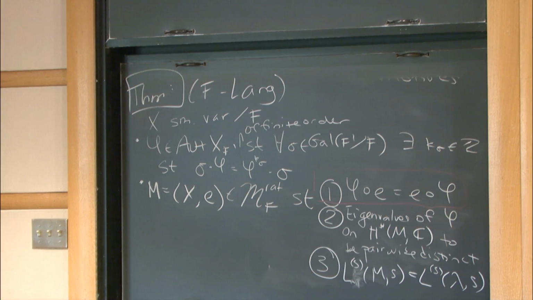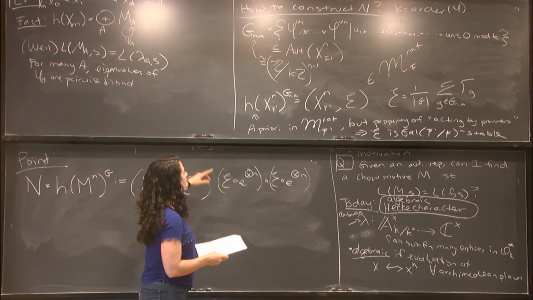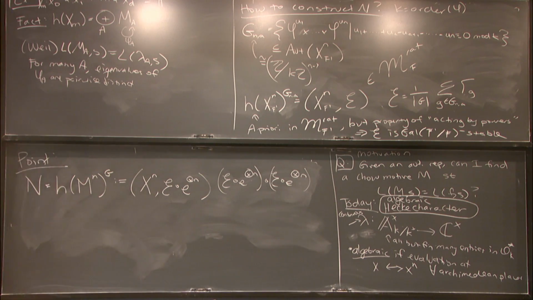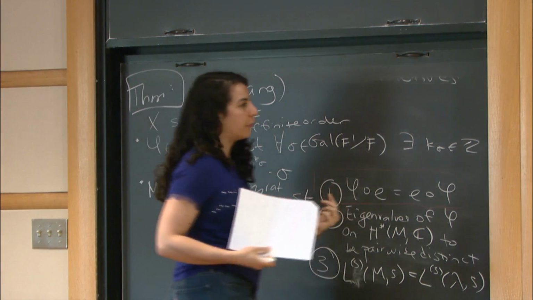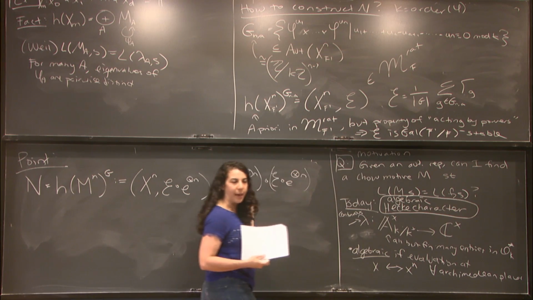So we need to check that this thing composed with itself is this, right? But that follows because we know that we can commute phi past e. So phi can move past e, which will tell us that epsilon can move past e.